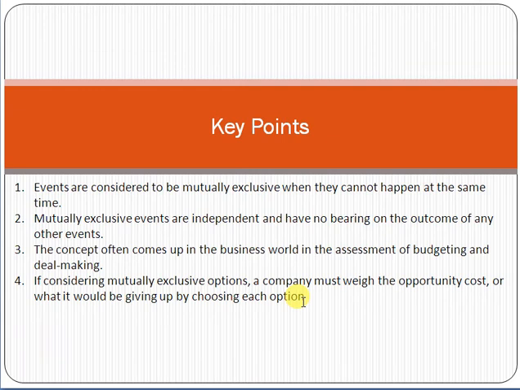What does it mean? First of all, the events are mutually exclusive, so they cannot happen at the same moment. Also, the outcome of one event will not impact the other event. Like the same example of dice throwing. If you can understand the concept of dice throwing, you can easily understand mutual exclusivity.